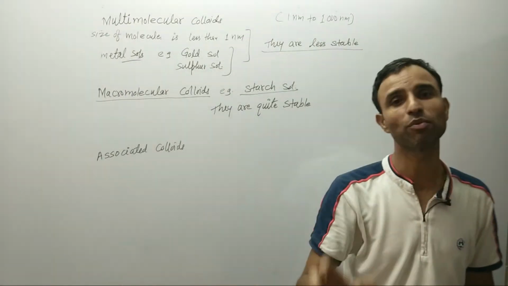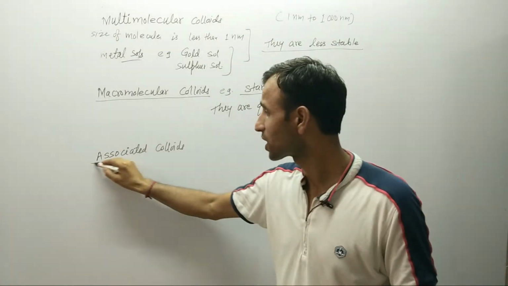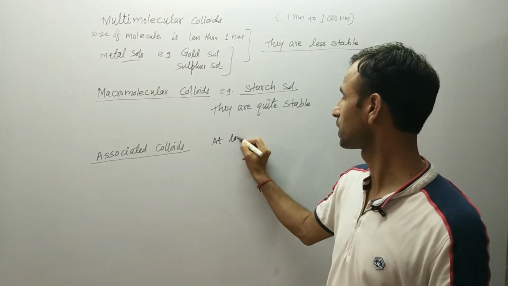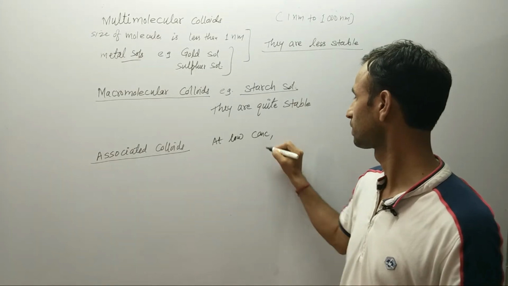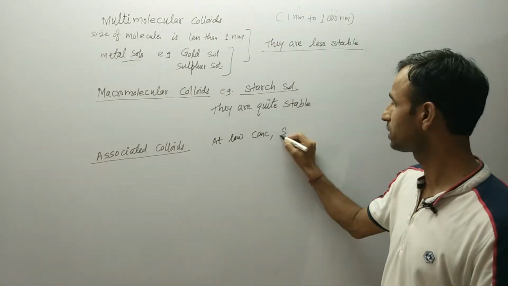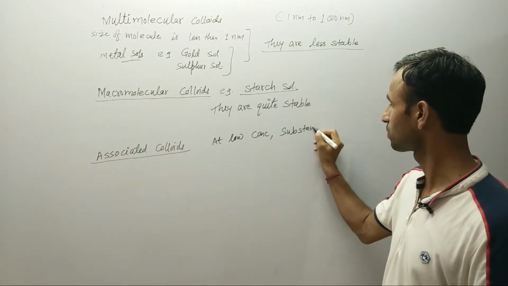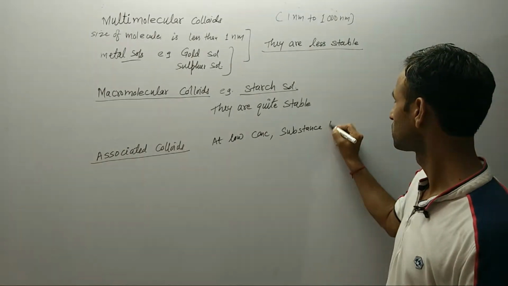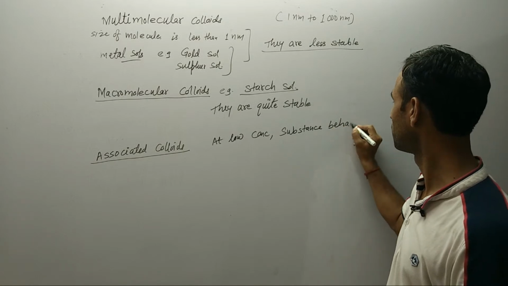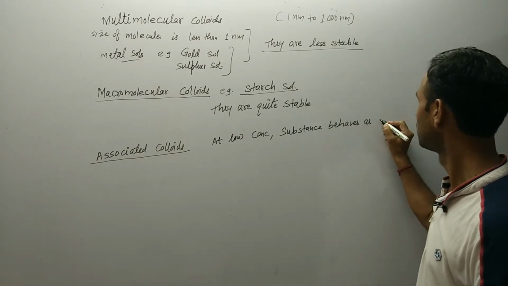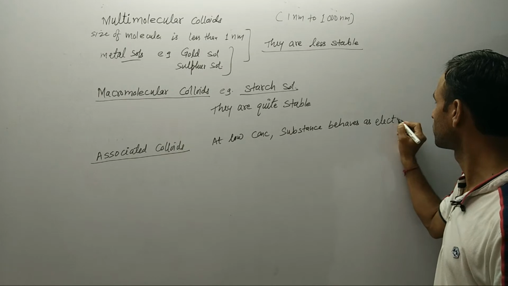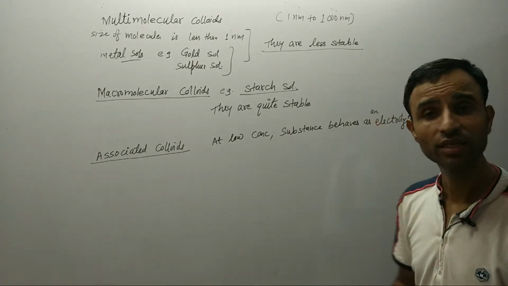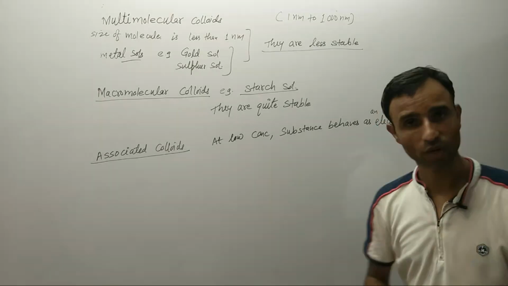This is a special type of category that is called associated colloid. In this case, at low concentration, the substance, meaning the dispersed phase particles, behaves as an electrolyte.